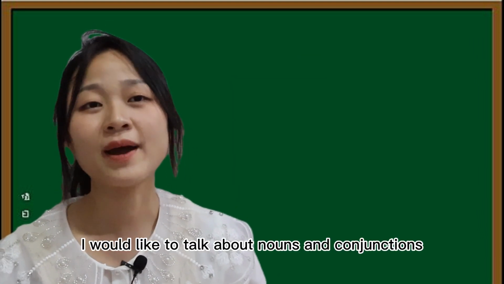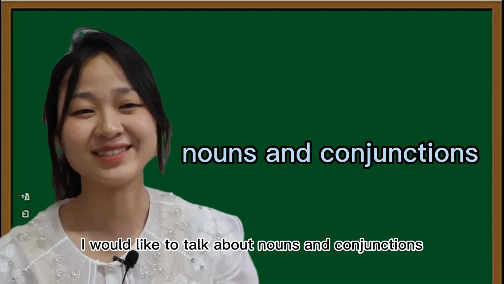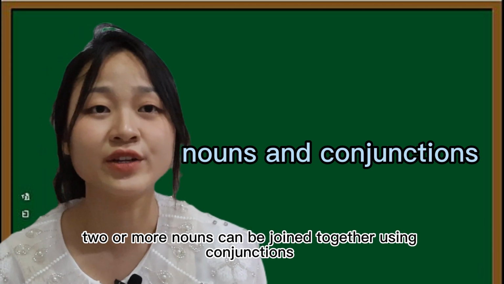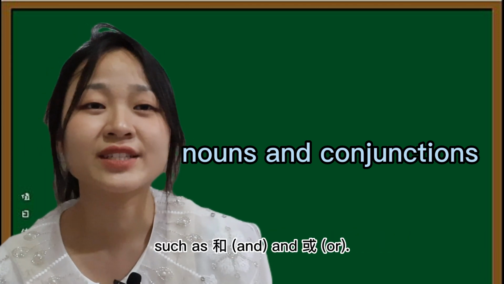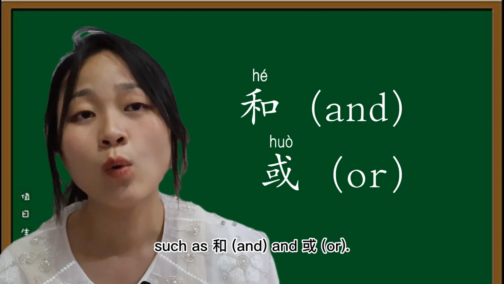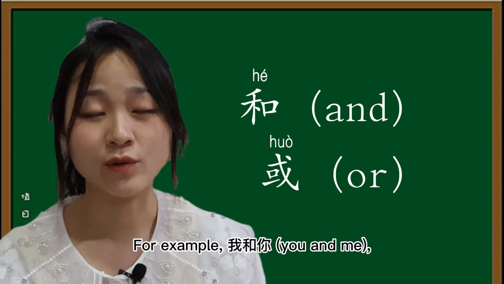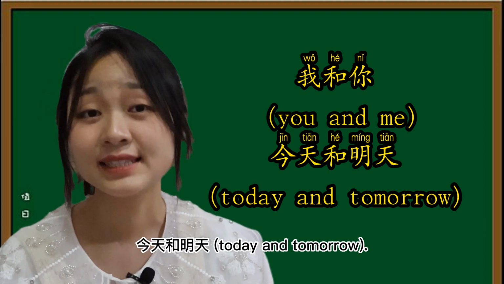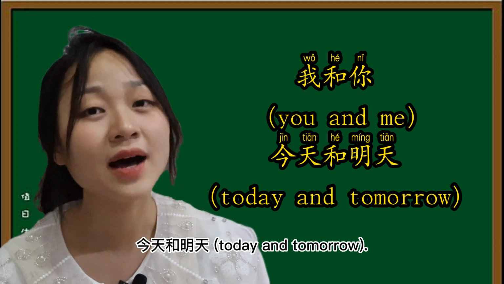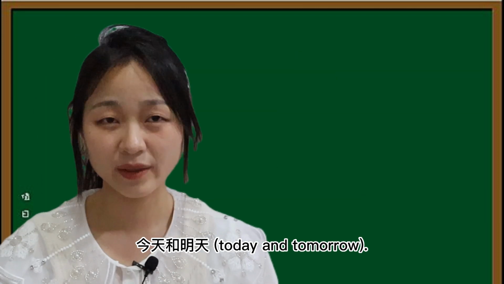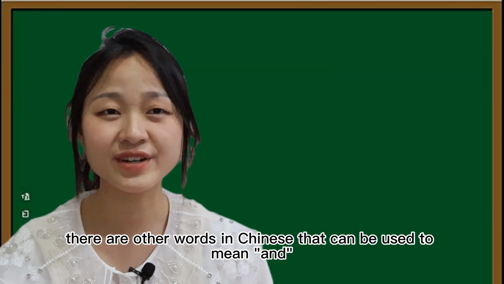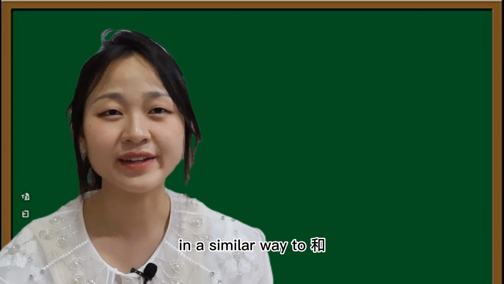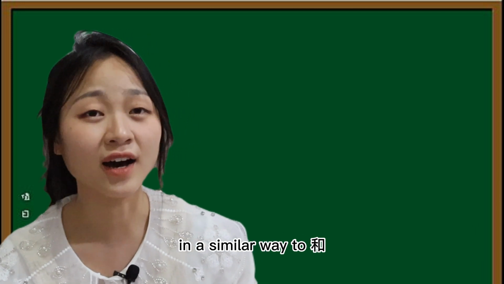Finally, let's discuss the last part. I would like to talk about nouns and conjunctions. In Chinese, two or more nouns can be joined together using conjunctions, such as 和 and 或. For example, 我和你, 今天和明天. Additionally, there are other words in Chinese that can be used to mean "and" in a similar way to 和.